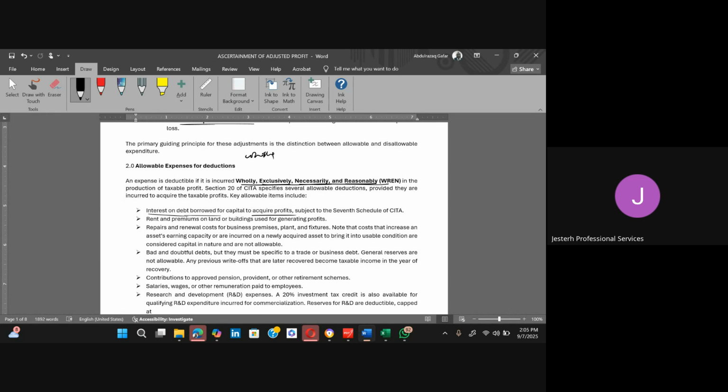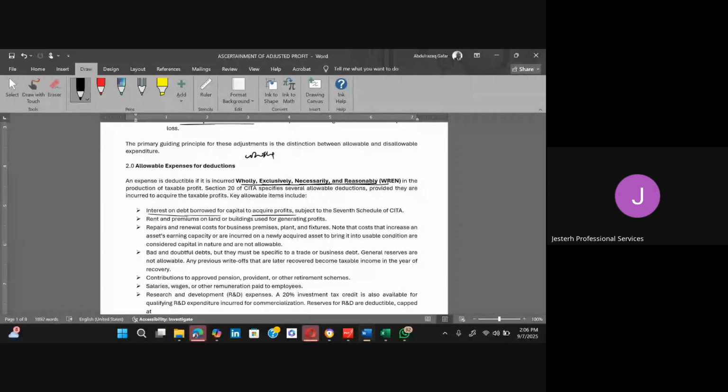If you incurred interest on a loan that you borrowed, let us take, for instance, that you borrowed funds to acquire a machine, and that machine will be used in production of goods meant for resale.